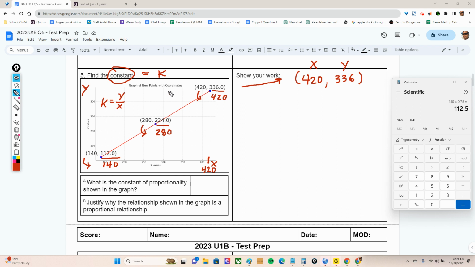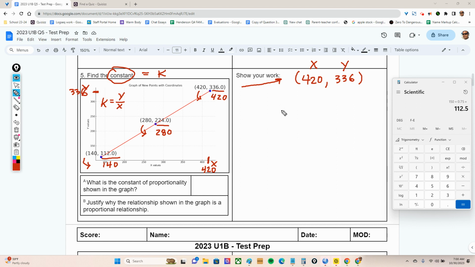So if we go across this way, it's about here. This is 300. So this is about 336. Okay. Coordinates tell us where to go on the map. We're talking about a graph, but it's the same thing if it was a map.